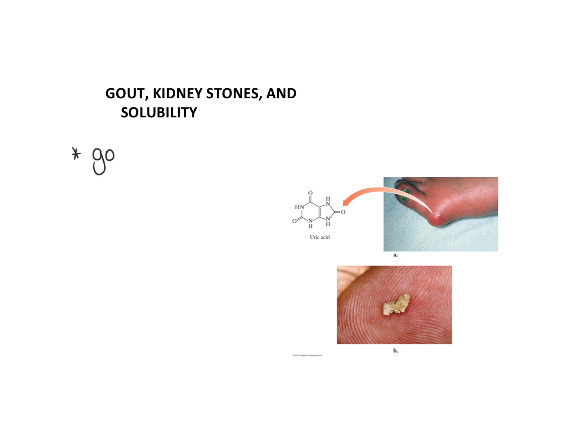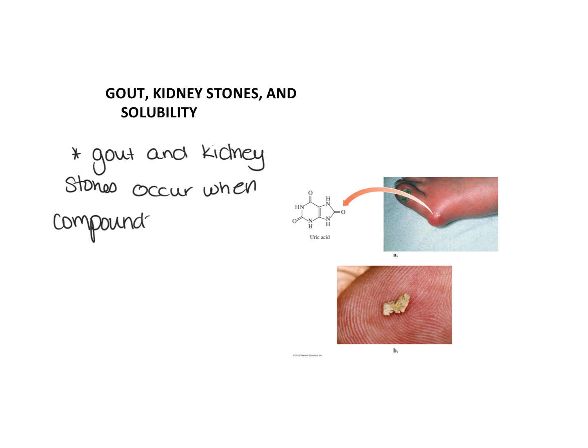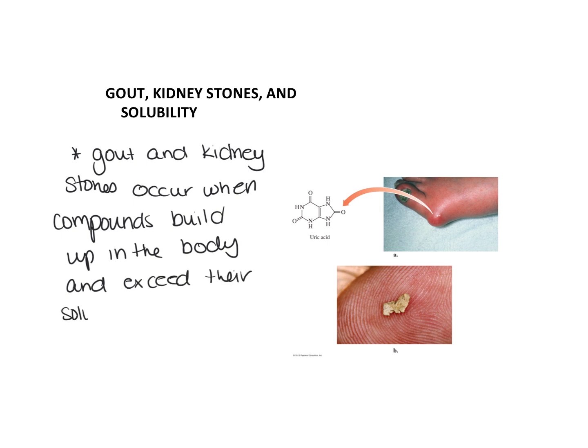So gout and kidney stones occur when compounds build up in the body and exceed their solubility limits.